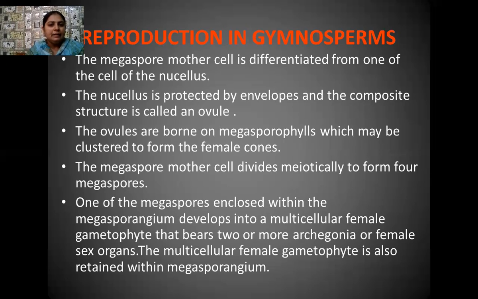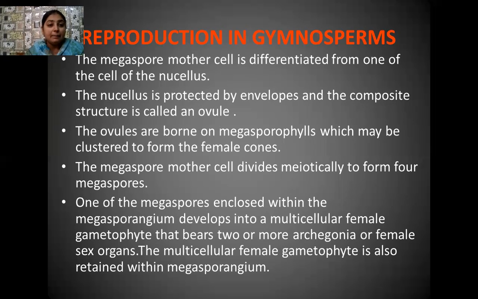Now out of these 4 megaspores, 3 megaspores degenerate and 1 megaspore survives. So this surviving megaspore later develops into a multicellular female gametophyte. Now what is present inside this multicellular female gametophyte?